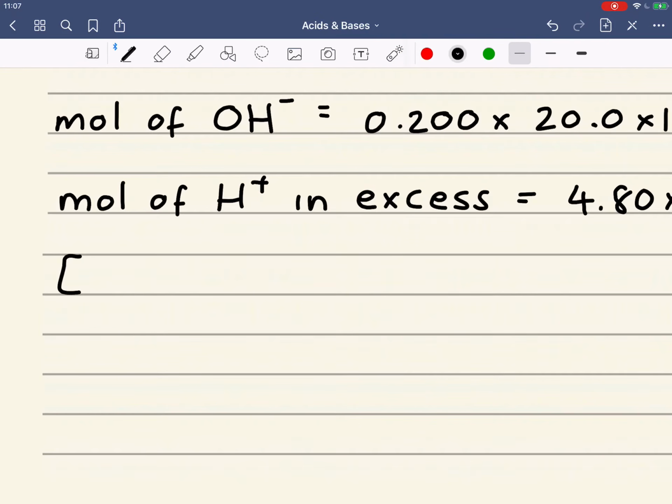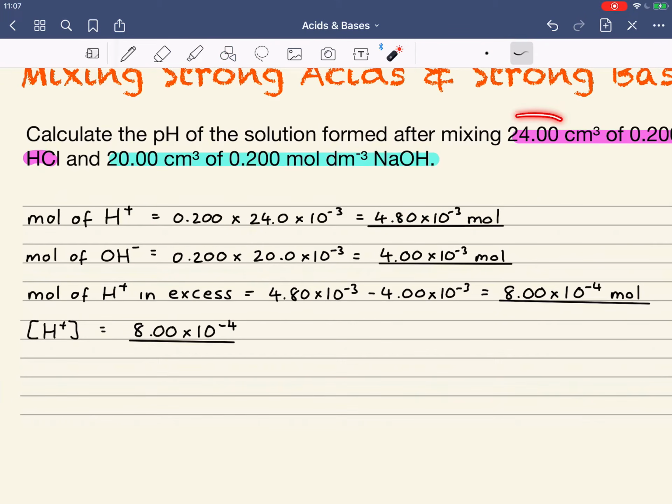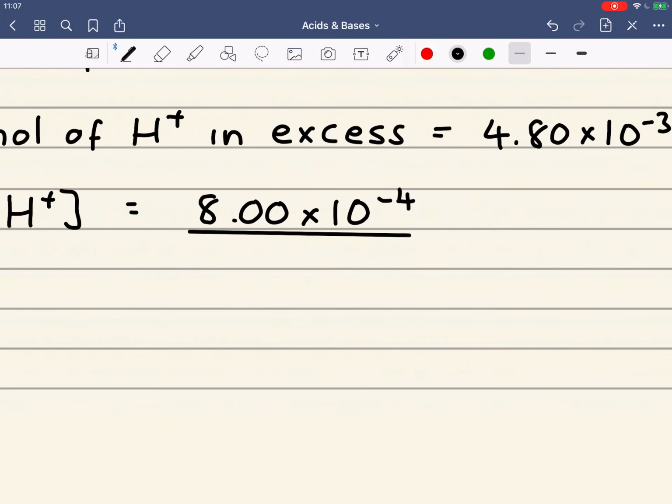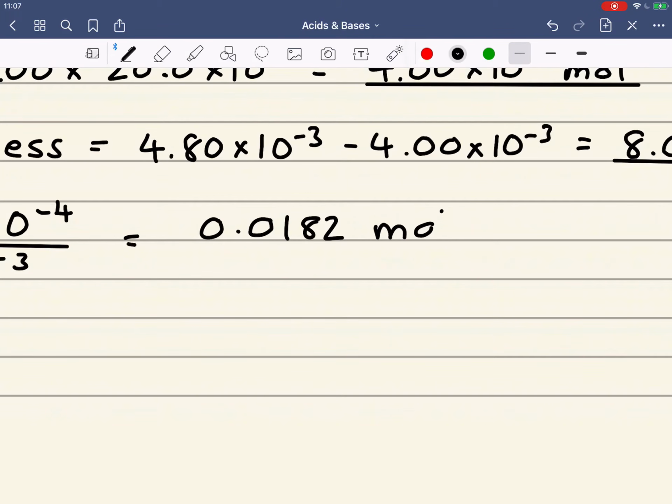So your hydrogen ion concentration is equal to 8 times 10 to the minus 4 divided by the total volume, which is this volume plus this volume here. And that's 44, obviously, times 10 to the minus 3. And that would give you a hydrogen ion concentration of 0.0182 moles per decimetre cubed. And that's your next marking point.